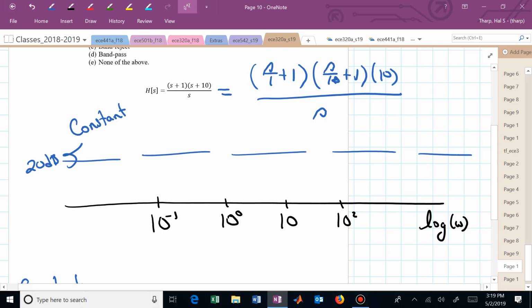That means there's just one pole at the origin, and it slopes now at minus 20 dB per decade. And where do we pin it? We pin it where it would have a magnitude of 1. So we take 20 log of 1, it's going to be going through 0 dB at omega equal to 1.